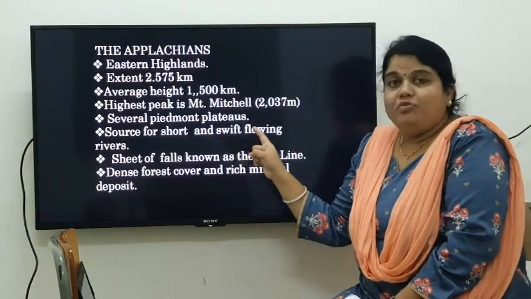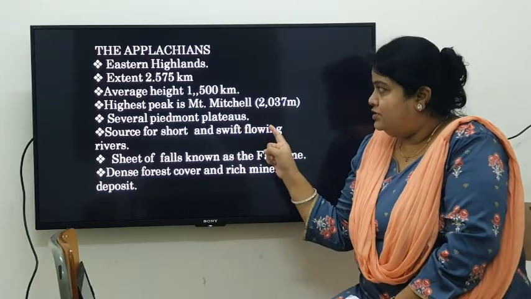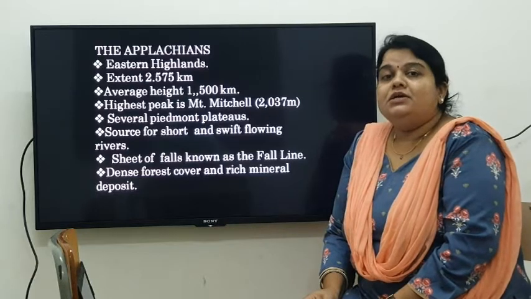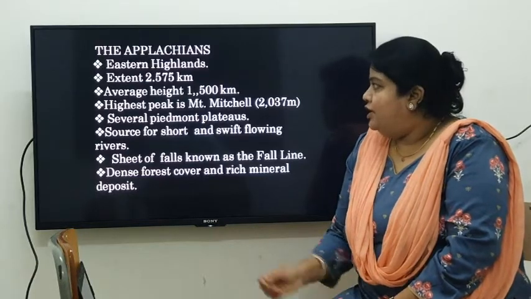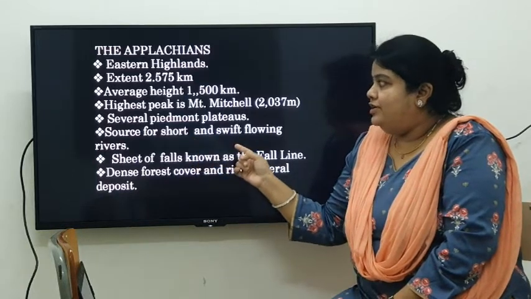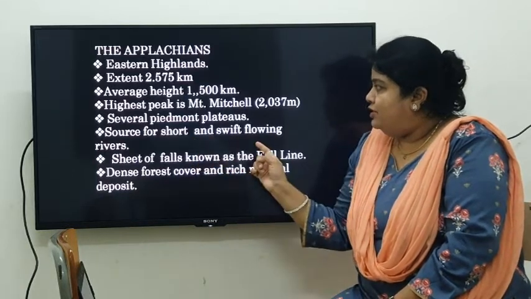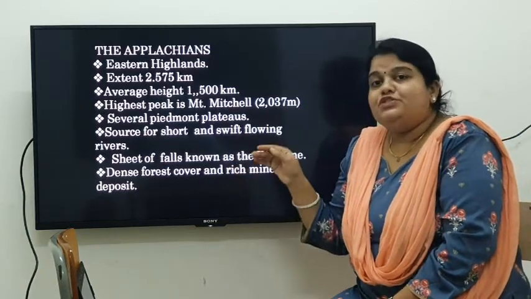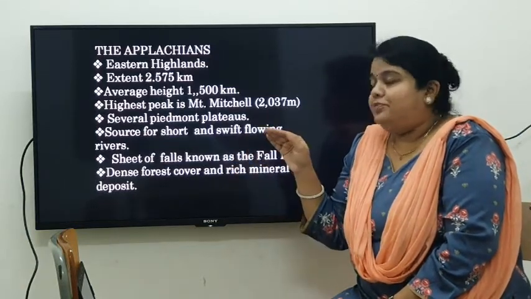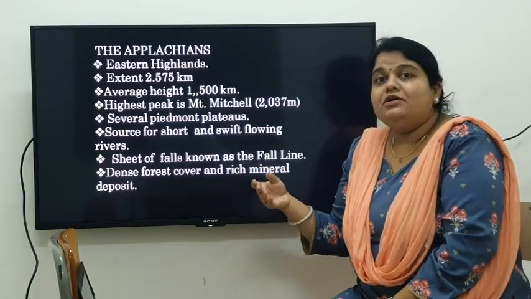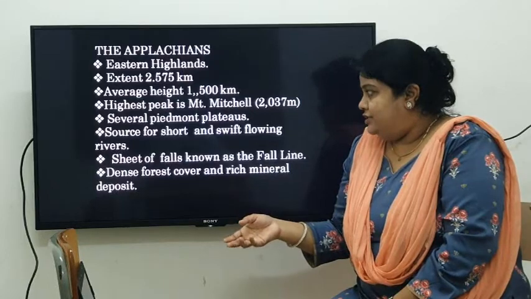There are several piedmont plateaus which are rich in mineral deposits. These mineral deposits include iron ore, coal, zinc, lead, copper also. Then we have the source for many important rivers in these plateau regions, and these plateau regions lead to the formation of very many rapids, waterfalls and cascades which help in hydroelectricity generation.